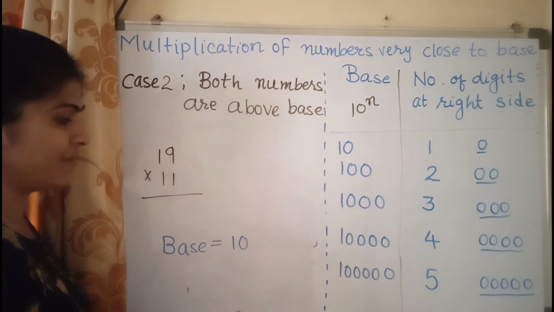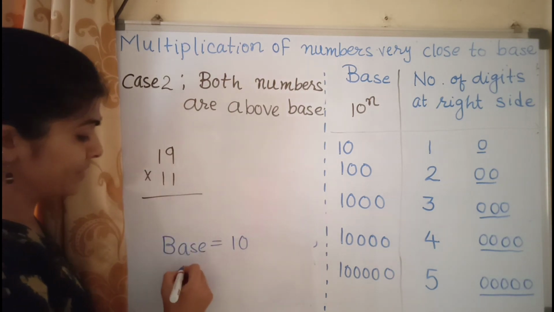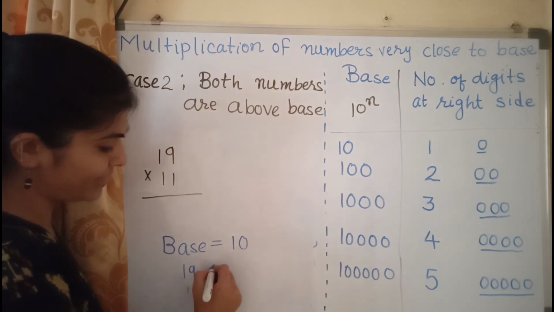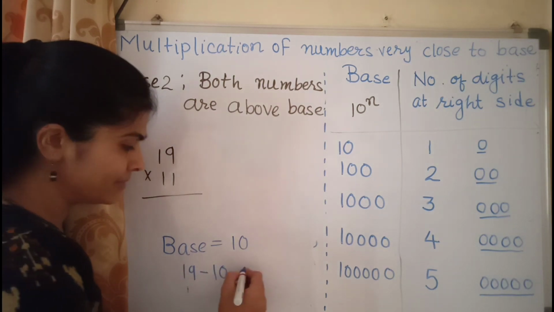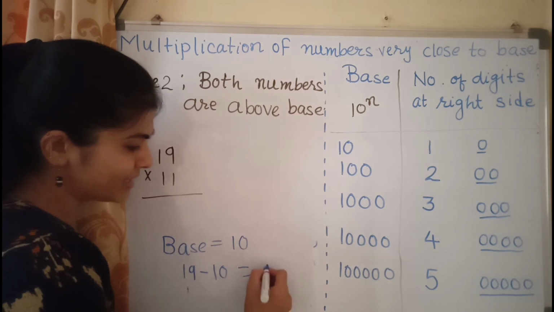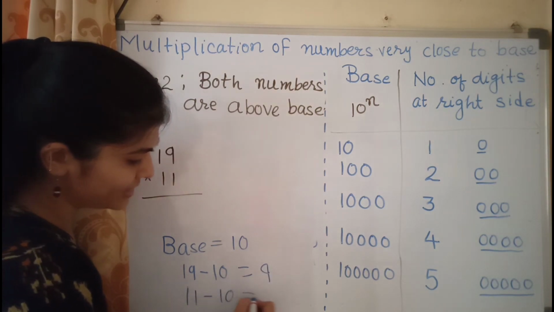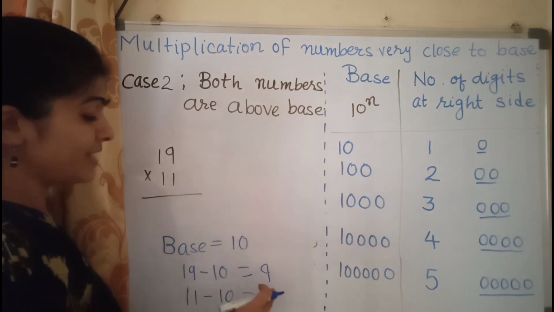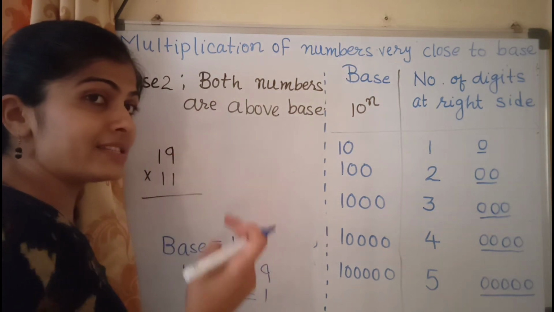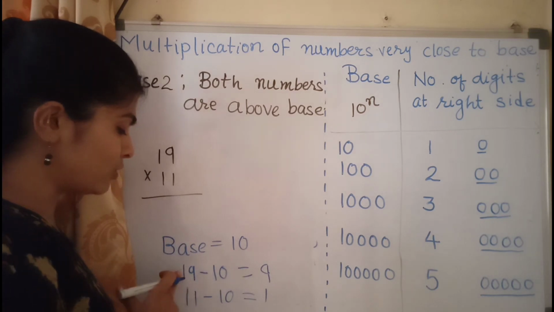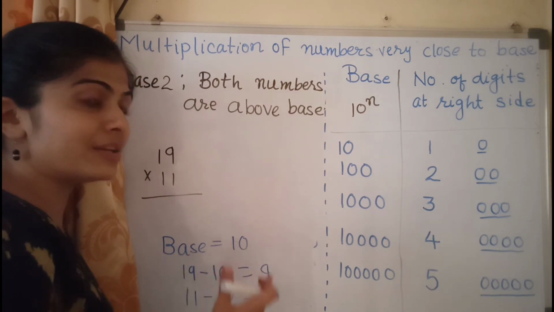We need to follow the same procedure as we did earlier. Like I need to find out the deviation of 19 from the base. It means 19 minus 10, which is 9, and 11 minus 10, which is 1. So what is the deviation? In the previous case, deviation was negative because these numbers were less than the base, right?